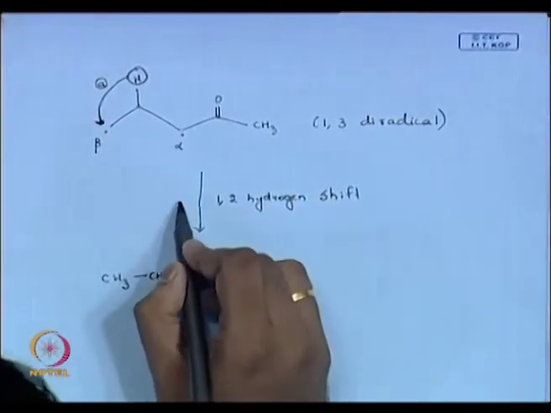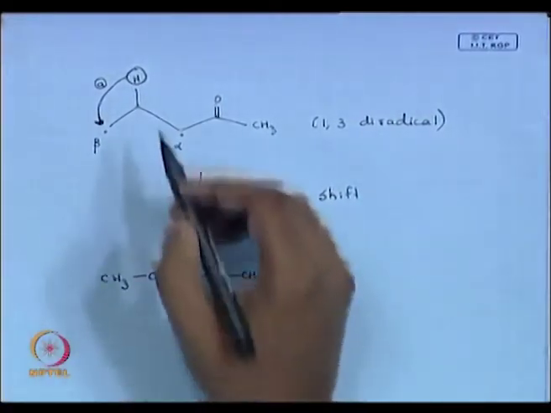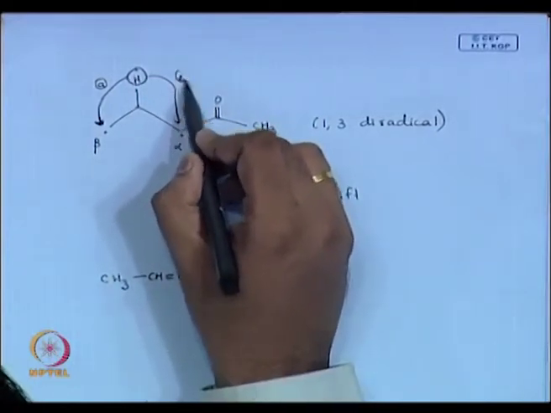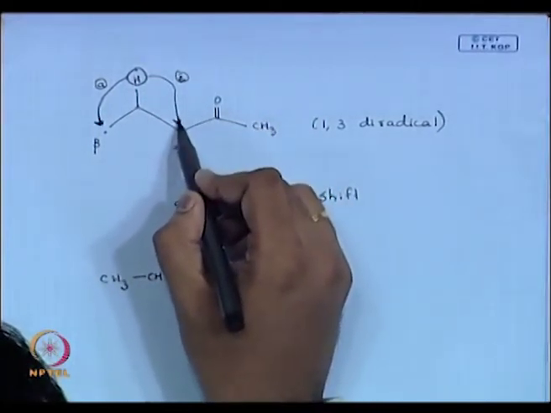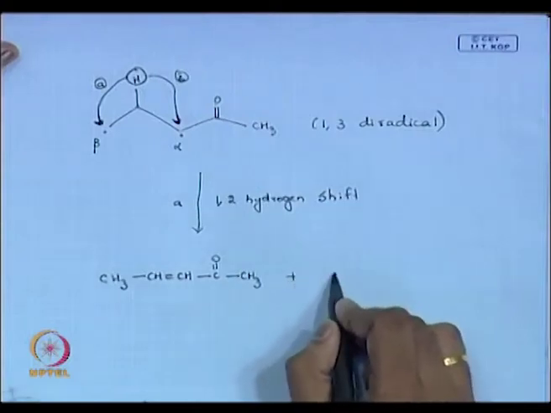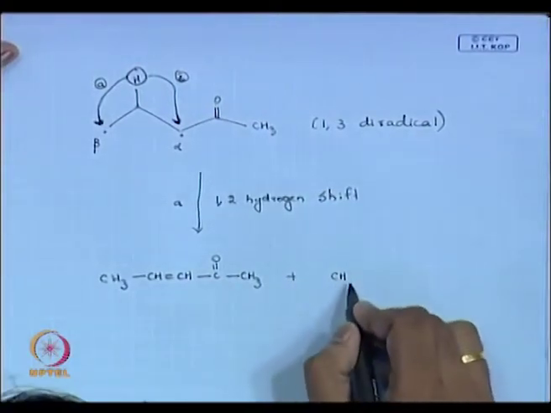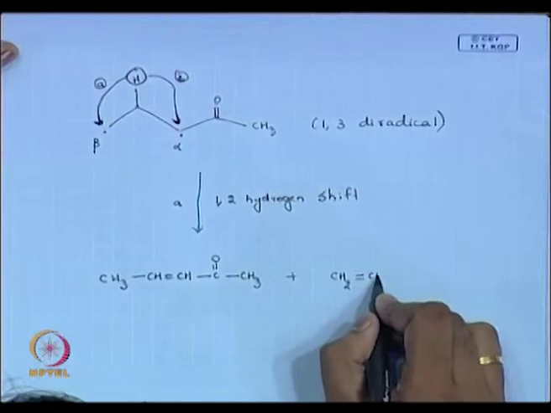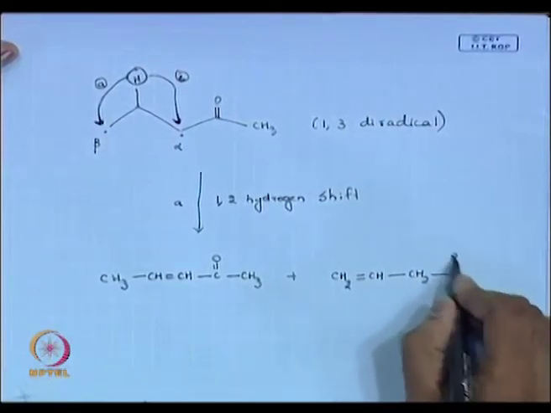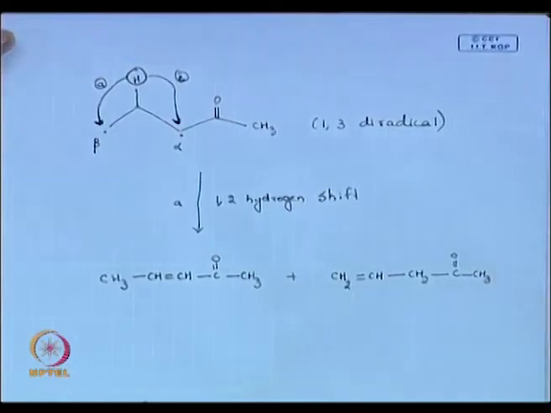So, I can call this A. I can also shift my hydrogen like this, it is a radical. If I shift in that case, then I will get CH2 double bond CH. So, I can think of getting 2 products now just by 1,2 hydrogen shift.